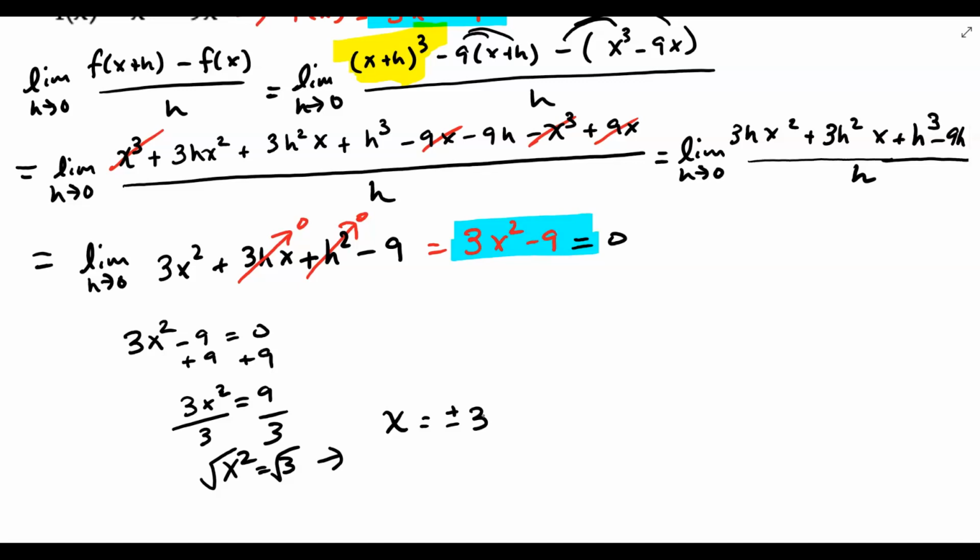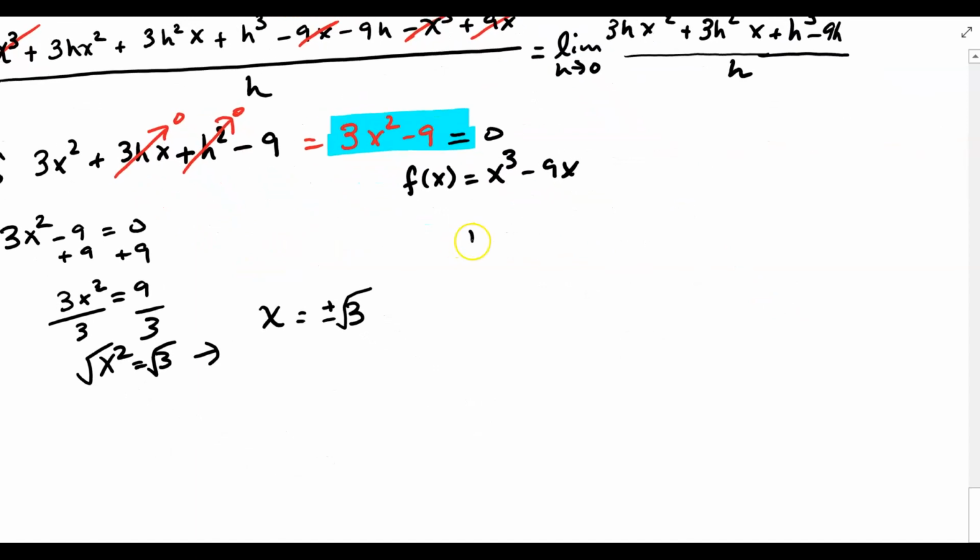So what do we do? We plug it into the original so that we can, oh, shoot, I just remembered, it's the square root of 3. We plug it into the original so that we can get the two y values. And so let me write out what f of x was again. It's x cubed minus 9x, okay? So we're going to find f of the square root of 3, and then we're going to find f of negative square root of 3.